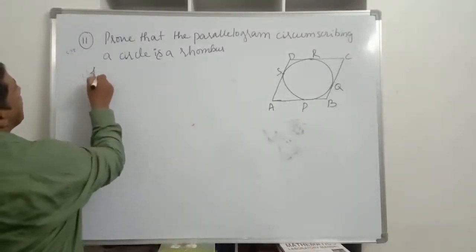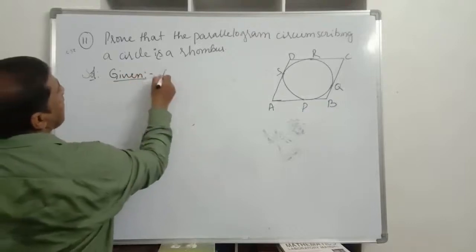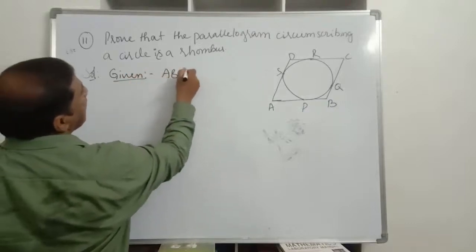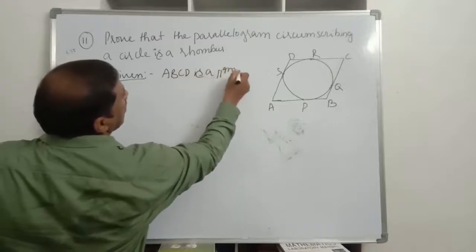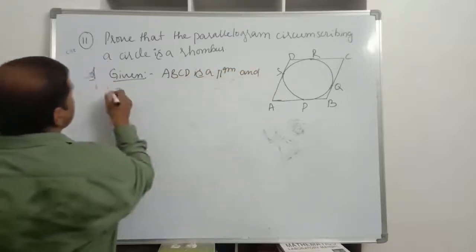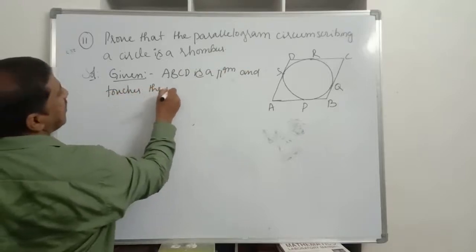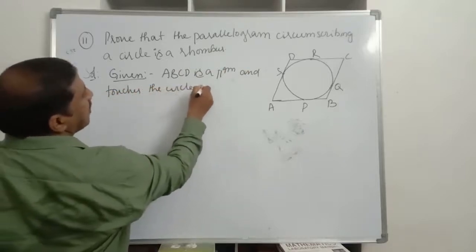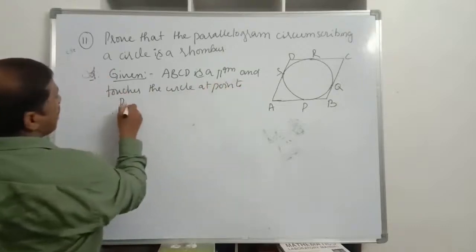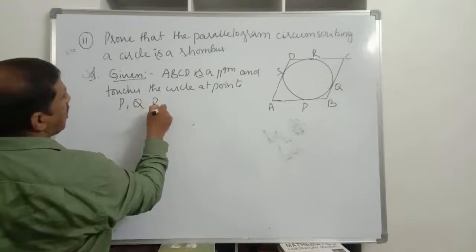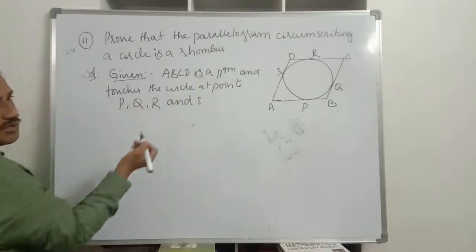So what is given in this question? It is given ABCD is a parallelogram touching the circle at points P, Q, R and S. Parallelogram means opposite sides are equal.